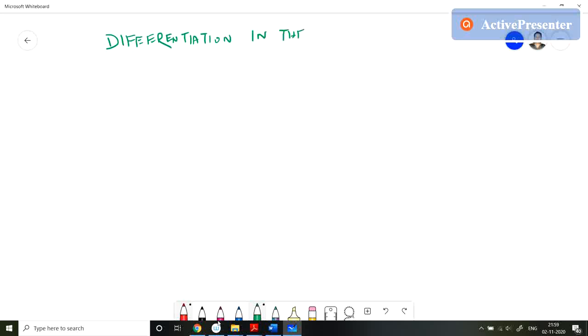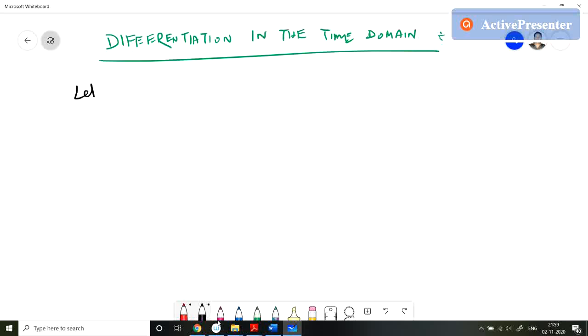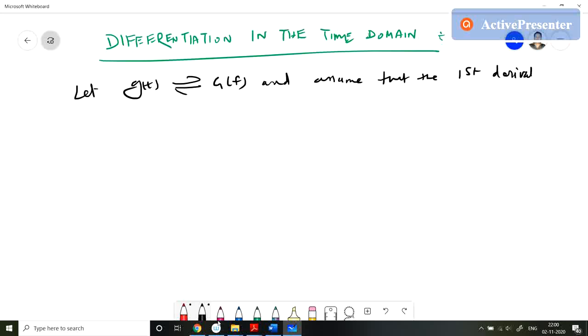Let g(t) have the Fourier transform G(f), and assume that the first derivative of g(t) with respect to t is Fourier transformable.